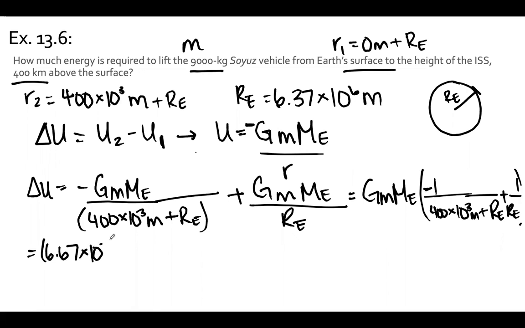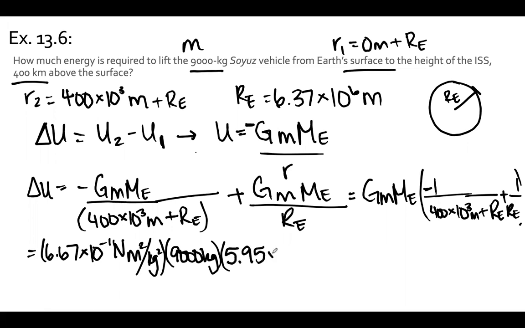Then we have 6.67 times 10 to the negative 11th Newton meter squared per kilogram squared, times our mass, which is 900 kilograms, times the mass of Earth, which is 5.95 times 10 to the 24th kilograms, times negative 1 over, let me do this in my calculator really quick.